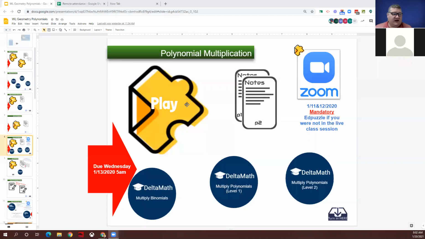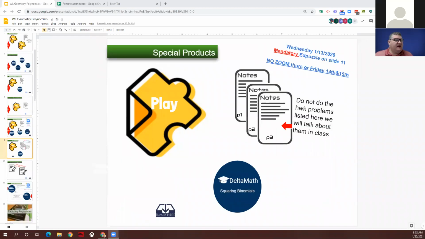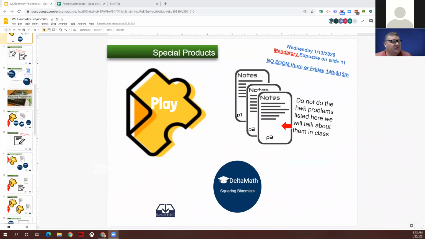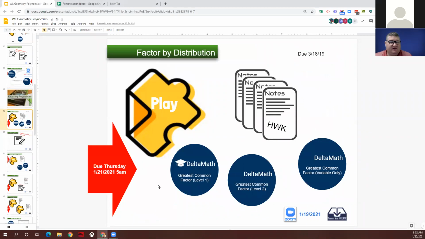Let's rock and roll. Screen two, share. All right, can everybody see my slideshow? Yes, no, maybe so. Yes, excellent. Okay. So with that in mind, we should already be able to factor by distribution.